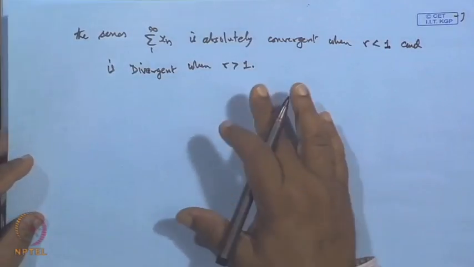Now, there is another test known as the integral test, which is a very powerful test, but of course it requires knowledge of the Riemann integral. Here we assume f is a Riemann integrable function.